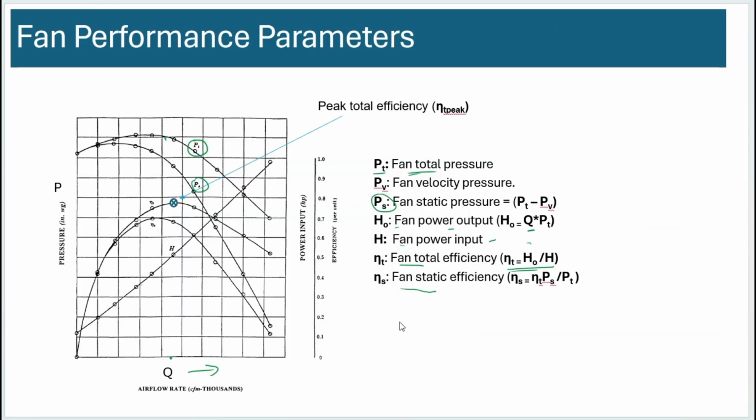So that's what the fan static efficiency is. These are some of the typical numbers that the suppliers provide you with. The most important ones are the fan power input, and you also need to know the fan total pressure curve. If you have those two, you can calculate most of the other things.